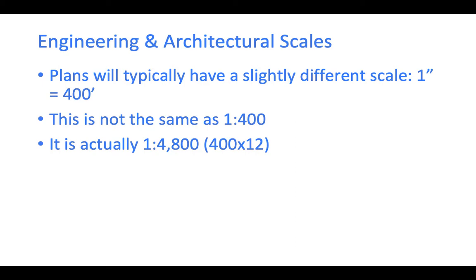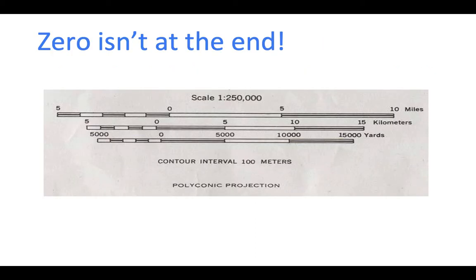You get 1 to 4,800 right there, right? So it's not crazy math here, but you need to be able to work across different units and be comfortable with both metric and the American imperial system of inches and feet and all that.